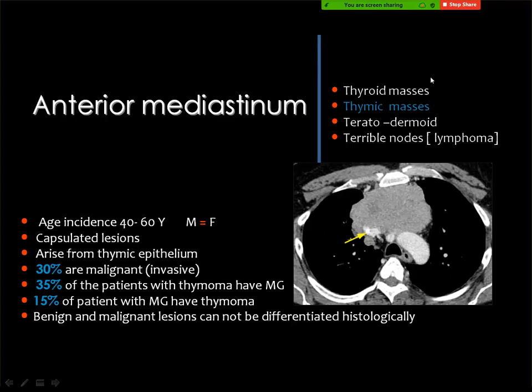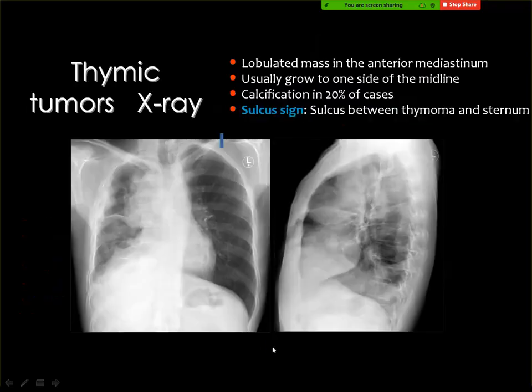These are the anterior mediastinal masses: the thyroid mass, thymic mass, teratodermoid, and terrible lymph nodes or lymphoma. Actually, the thymoma is located between the aortic arch and the sternum in a particular location, and there are two types, the usual thymoma and the invasive one, which can invade the superior vena cava.